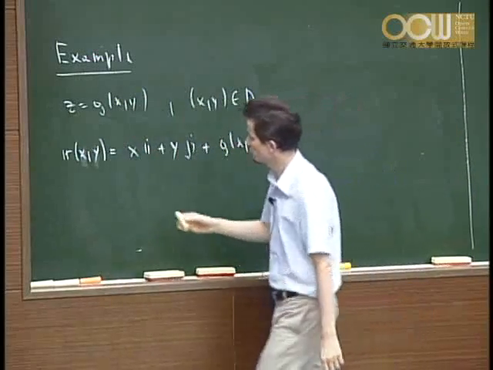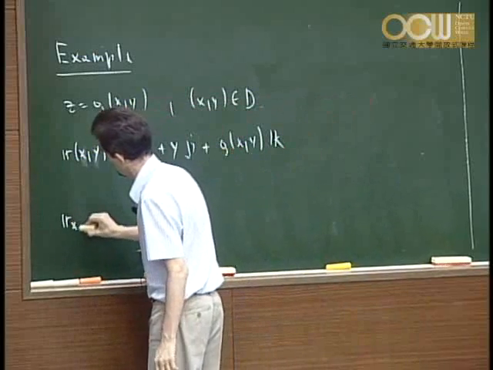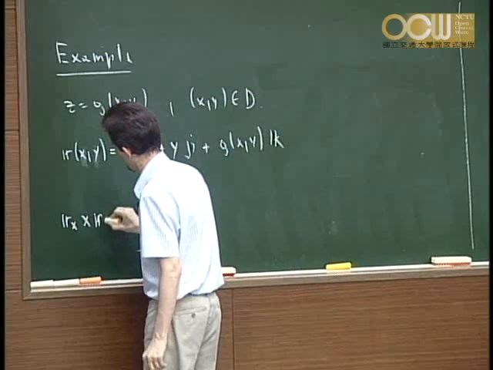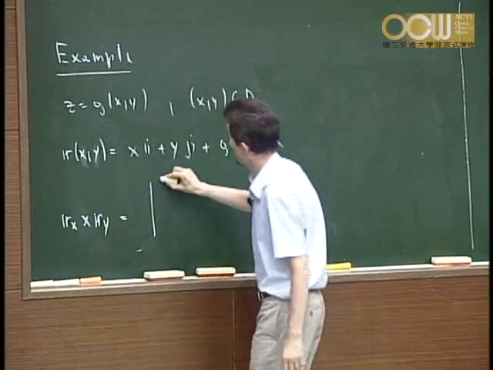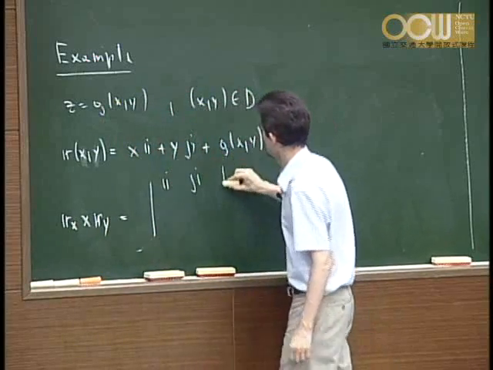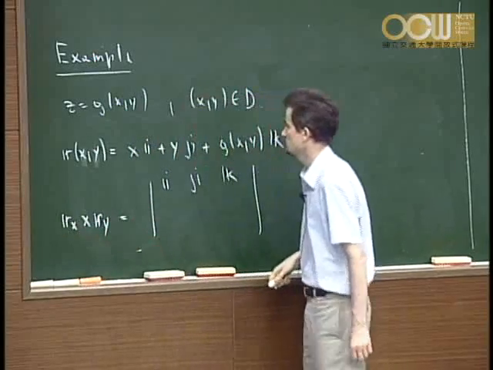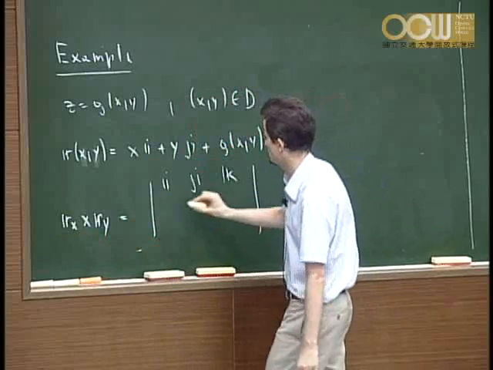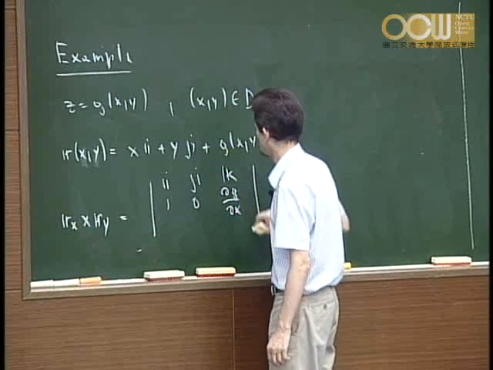What we have to compute is this cross product. Here we have i, j, k. The next row is the derivative with respect to x, so we have 1, 0, and the partial derivative of g with respect to x.